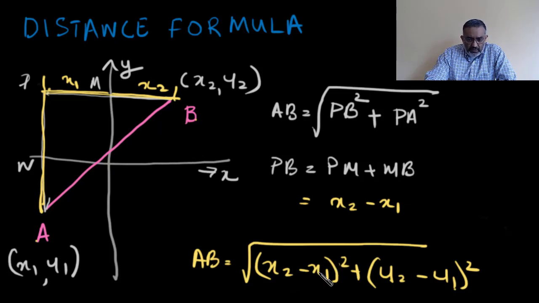Ultimately, you will get a positive number because you are applying a square here. So if it was x2 minus x1 or x1 minus x2, it doesn't matter. You will ultimately get the same distance. So it doesn't matter which way we subtract. All that is going to happen is that it will become a square and it will become a positive number, and you will get the same distance whichever way you measure the distance from here to here or here to here.